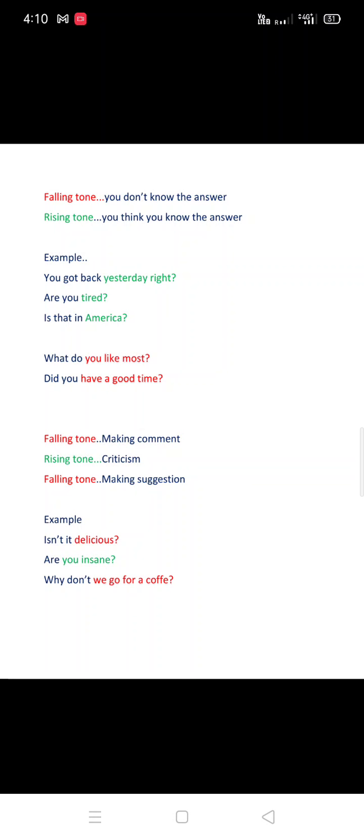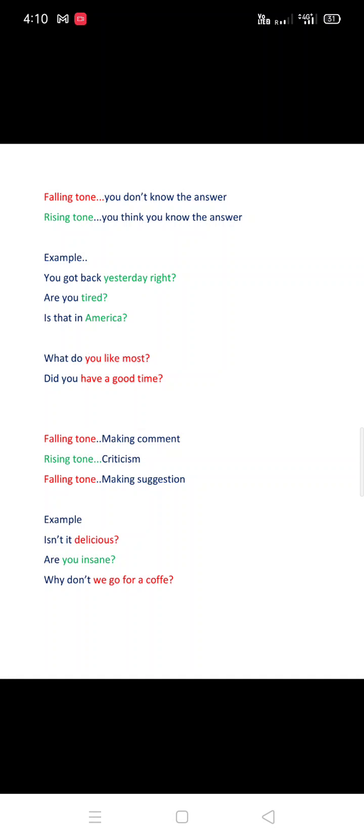Here you know the answer. I know that you got back yesterday, but to confirm, I am asking you. For confirmation, I am asking you. So that's why you have to use rising tone here, because you know the answer. You know that you are tired, but to confirm, if you ask someone, are you tired? You can use rising tone.